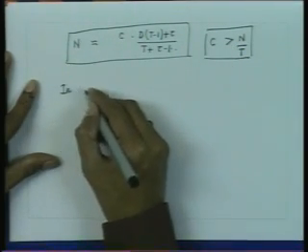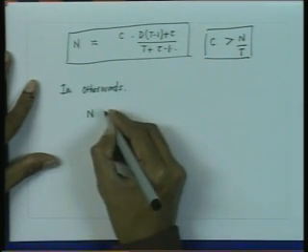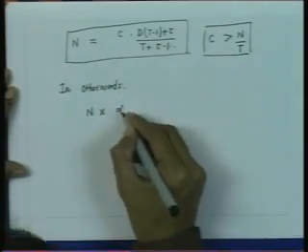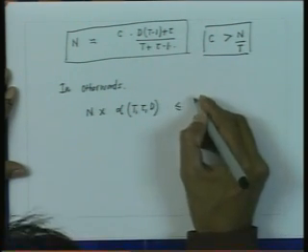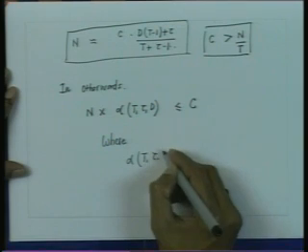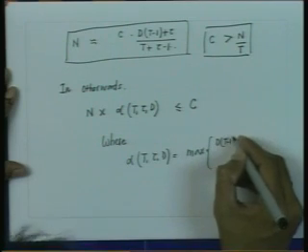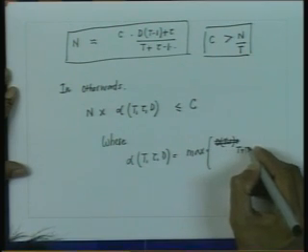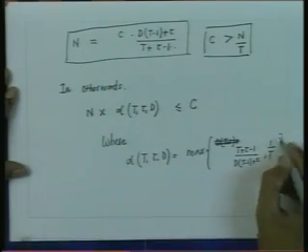In other words, we need to satisfy the condition that we can admit n users for satisfying a delay of d if n into alpha(t, tau, d) is less than or equal to C, where alpha(t, tau, d) is equal to the maximum of (d(t-1)+tau)/(t+tau-1) and 1 by t.